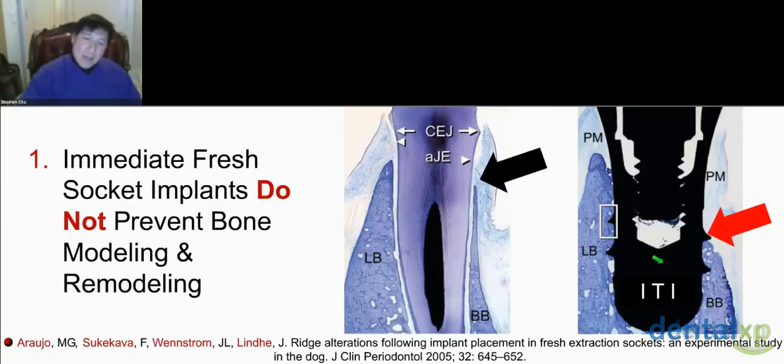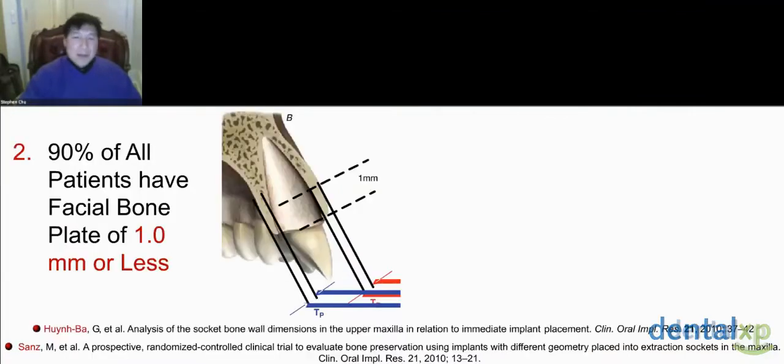So this is a little bit misleading, but the general take-home message that implants placed into fresh extraction sockets do not prevent the buccal plate from remodeling is a true statement. However, the clinical example of this dog model is probably not the best example. So that's a little nuance to distinguish those two variables.